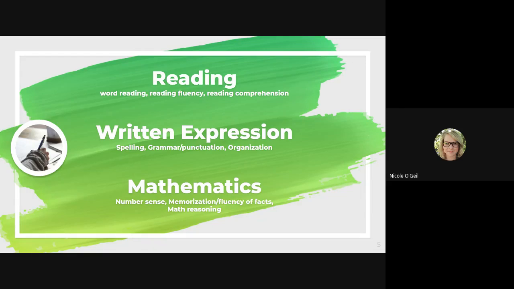They might also have difficulties with mathematical reasoning. This is more so your critical thinking skills. When we're using our math reasoning, we're trying to make sense of all of the mathematical skills that we have acquired. It's making sure your problem solving makes sense, and knowing that you can solve your way through a math problem, even if you haven't memorized your times tables or you're not able to skip count.